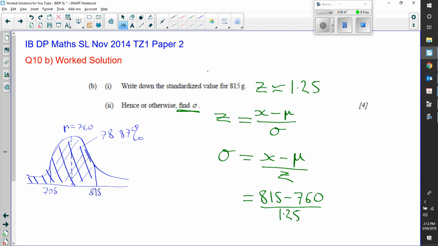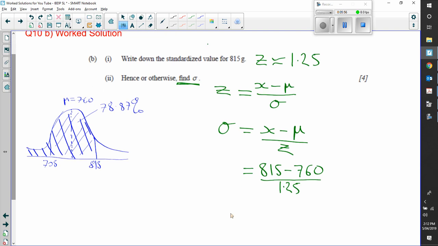If we use our calculator, we'll realise that our standard deviation is exactly 44.